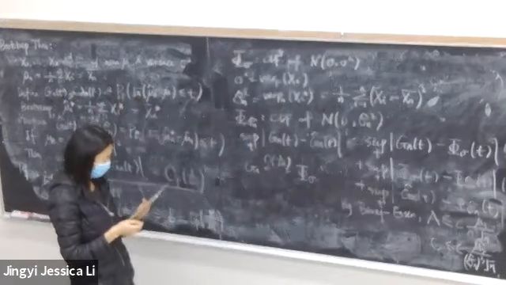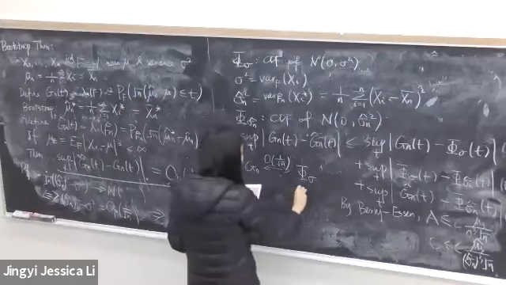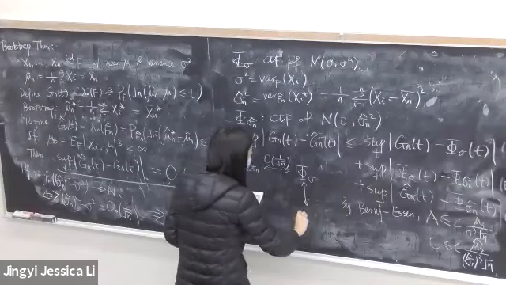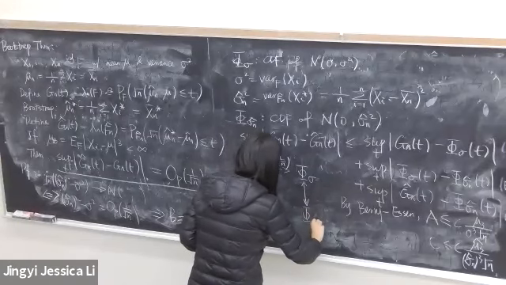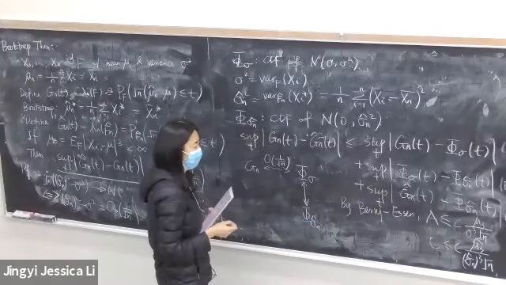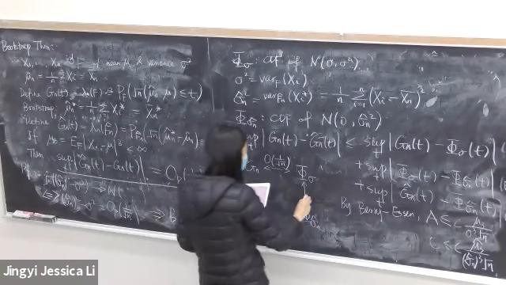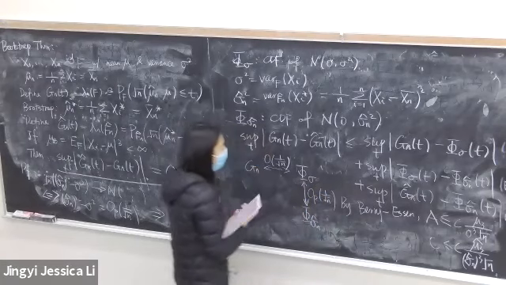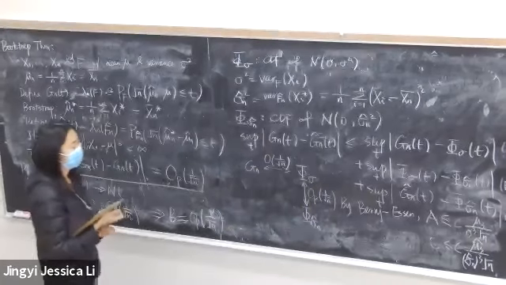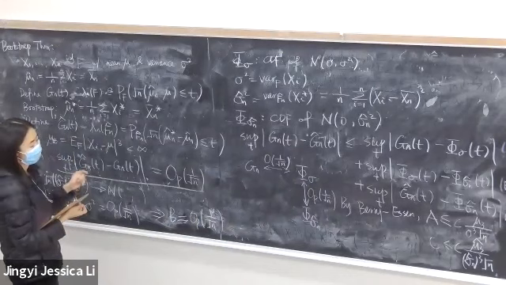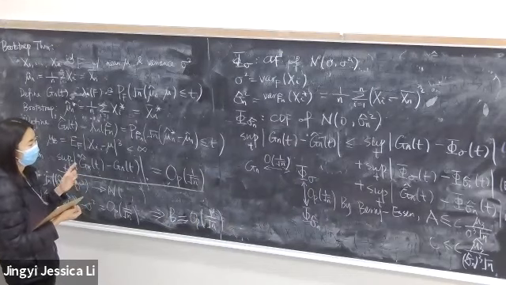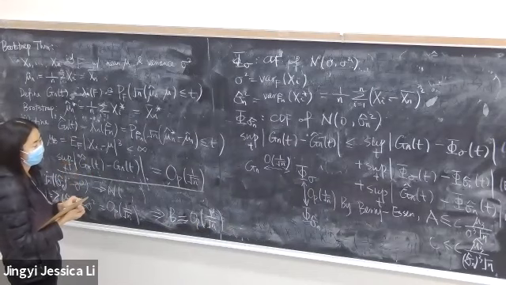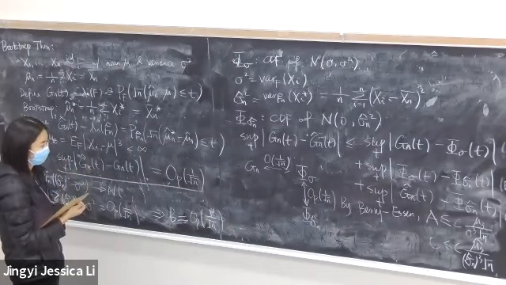And from this normal CDF to this normal CDF, we have them controlled by big OP of 1 over root n. The reason is the asymptotics of sigma n hat and sigma. So that is controlled by big OP of 1 over root n because of the asymptotics.